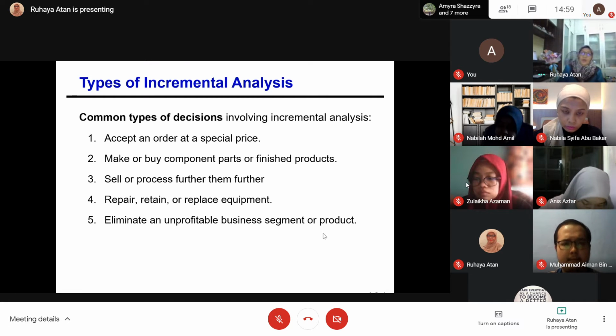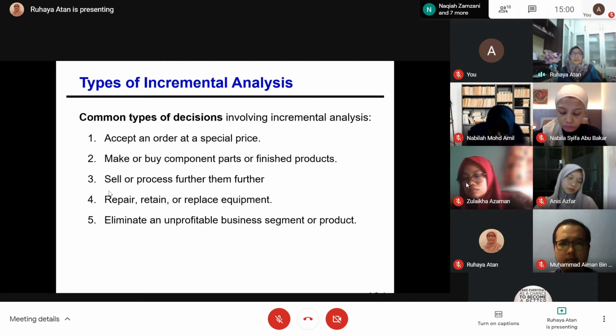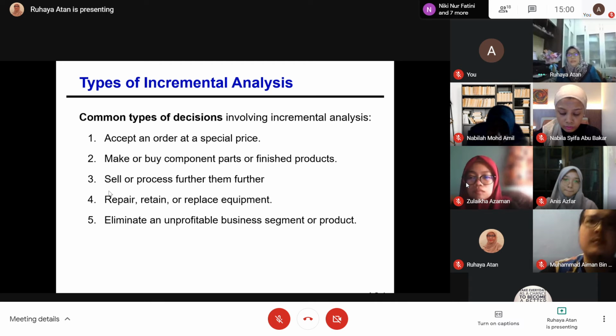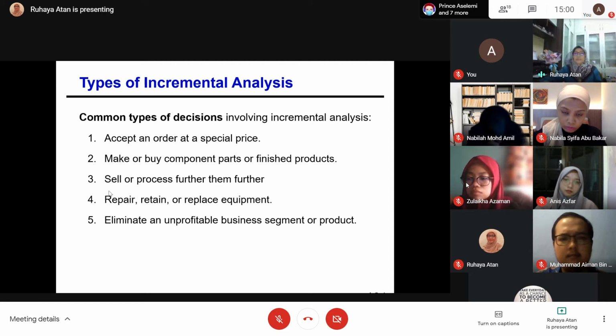Or you have your product, you sell it, or whether you need to further process it. Later we look at some examples. And then machines or your vehicles and so on: is it better to repair and then still use it, or is it better to replace? Or whether you have to eliminate some of the products or some of your business segments.